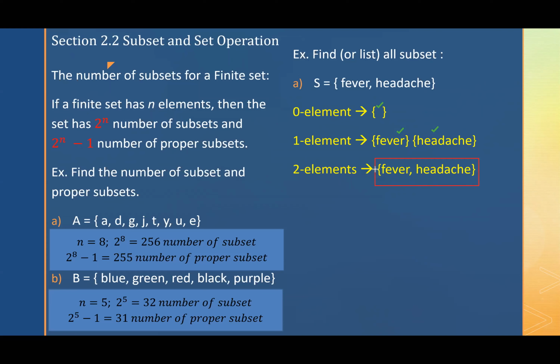So this set can only be a subset, but it cannot be a proper subset, which is the actual set itself. Therefore, we only have 3 proper subsets, because one of the subsets is the same as the original set. And if they are the same, they are equal, and if they are equal, they cannot be proper, okay? So that's why we have to minus 1 here, 2 to the n minus 1. That's why we have that item there.